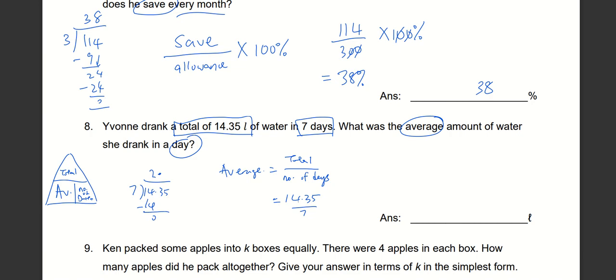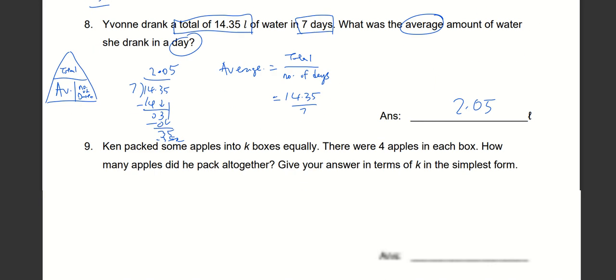Don't forget the decimal point. So I have 2.05 liters. Okay. This is question 8.